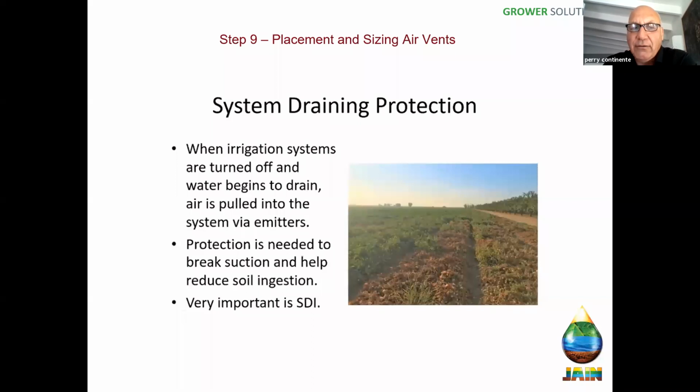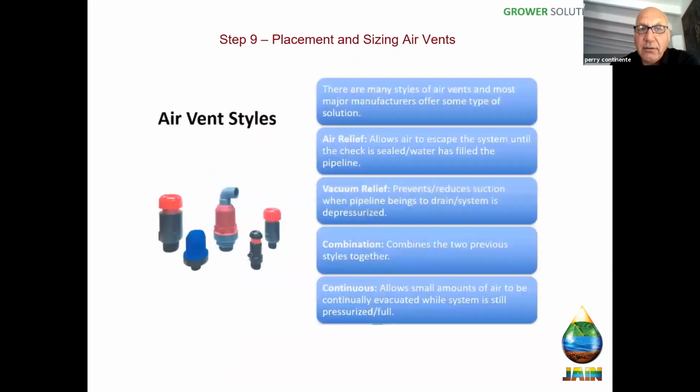At shutdown, you can have back siphoning into your emission devices, drip tape or hard hose and emitter. By the way, drip tape is a little more forgiving to back siphoning than hard hose and emitter, because the hard hose and emitter has a volume that stays there, whereas the drip tape collapses. So it's a little bit more forgiving.